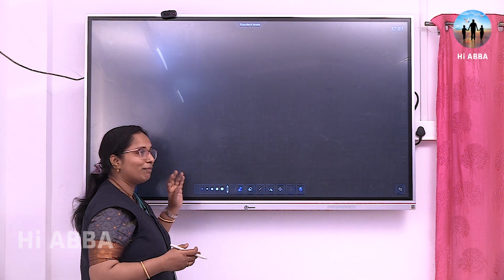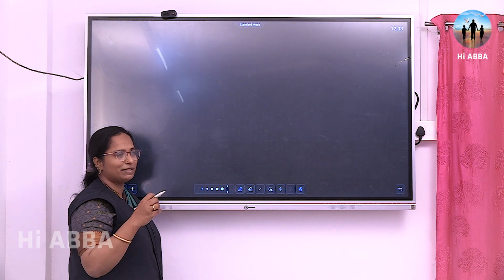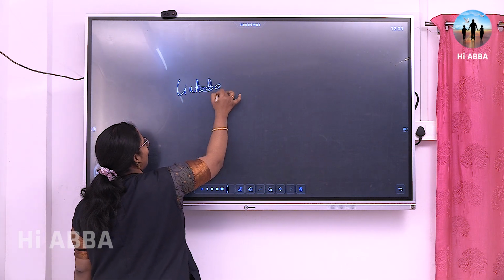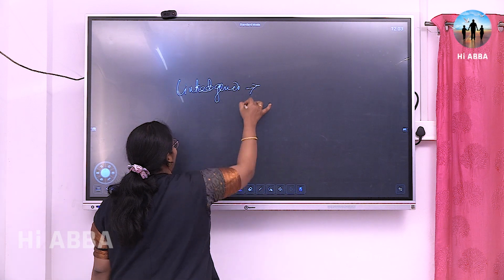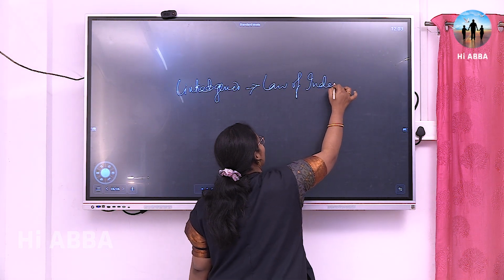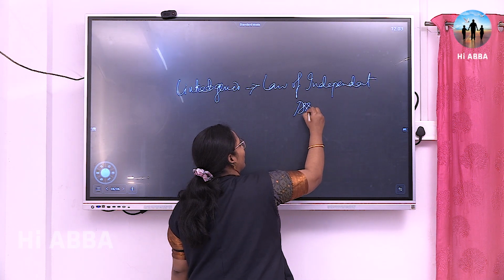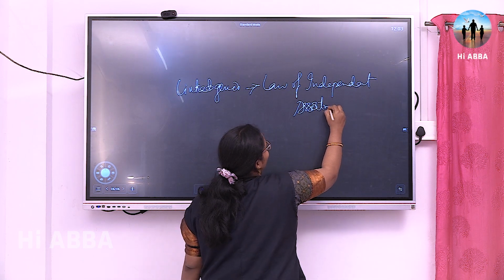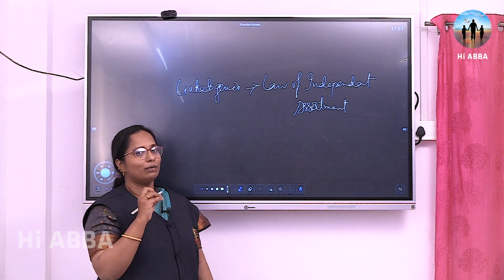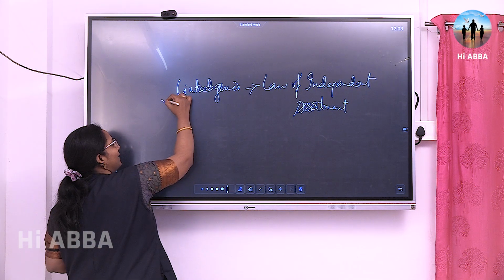But when we talk about human beings or any other examples, and come to linked genes, the law of independent assortment is not applicable. That is the reason this particular law was not accepted worldwide, and the major reason behind this is linked genes.